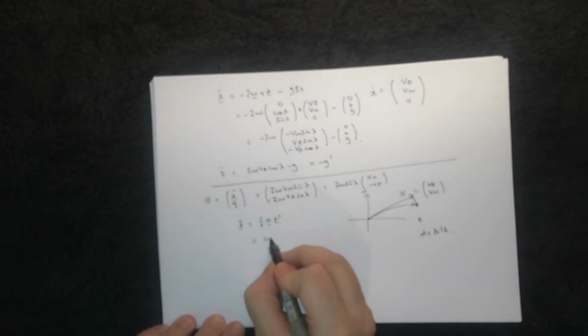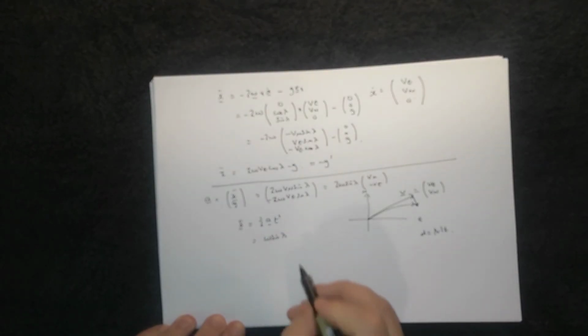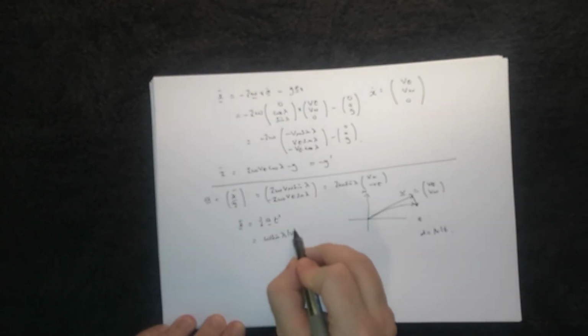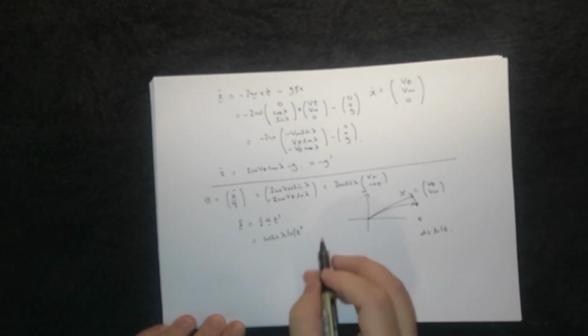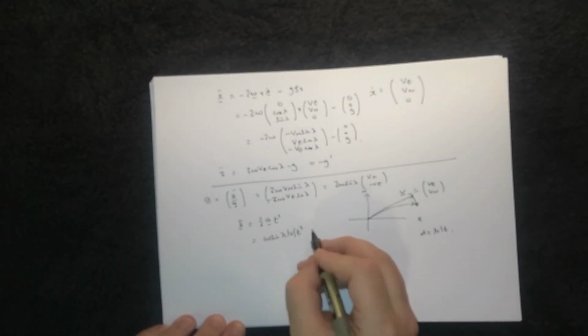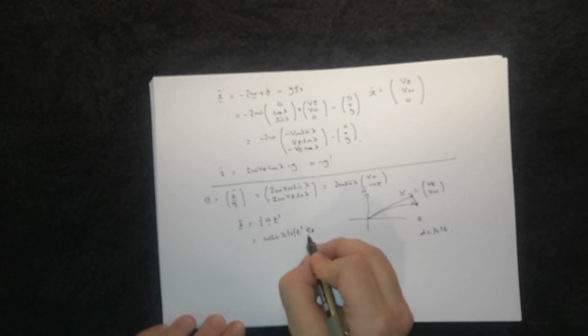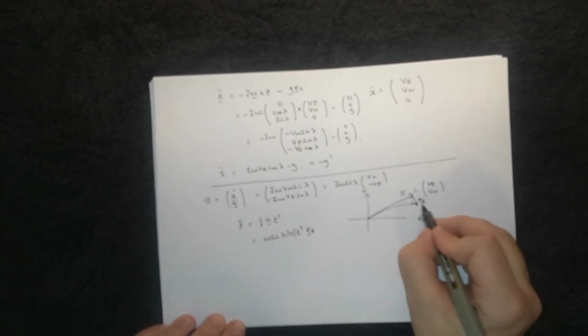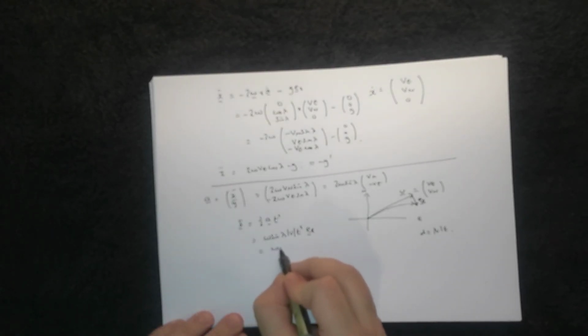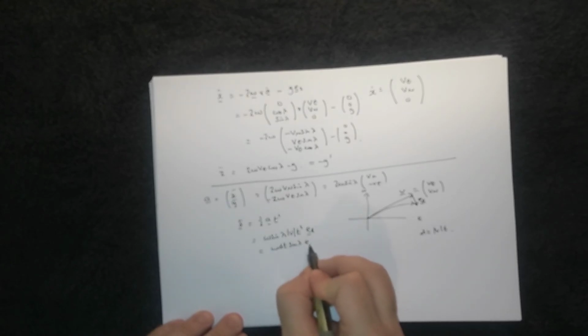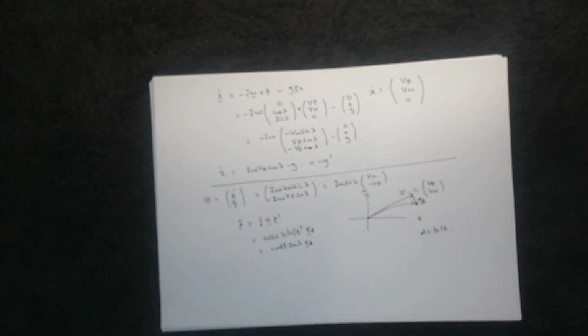So we get omega sin lambda times mod v t squared times e_R, where e_R is the unit vector in this direction. So that's omega d t sin lambda e_R.